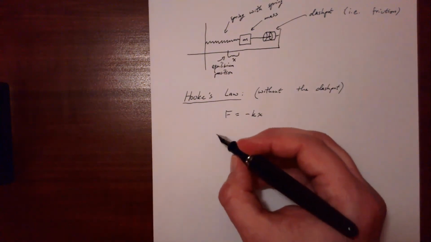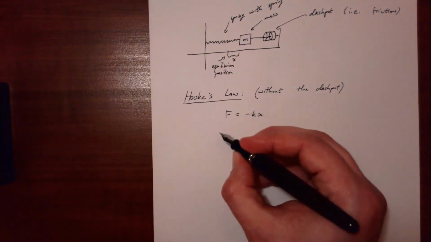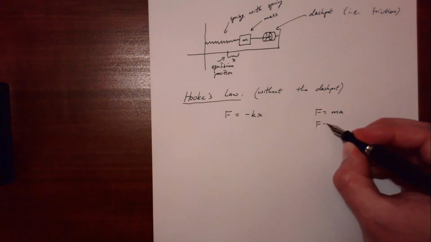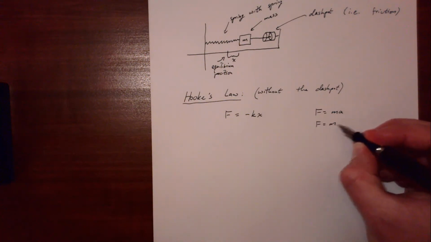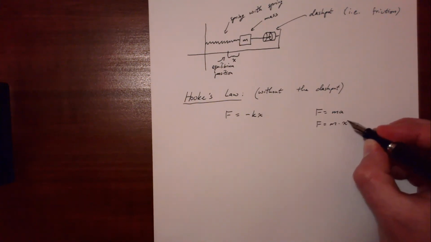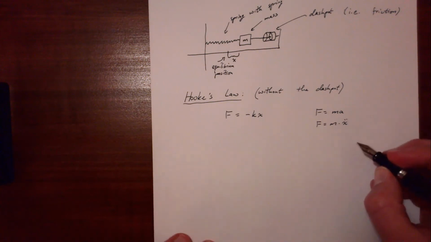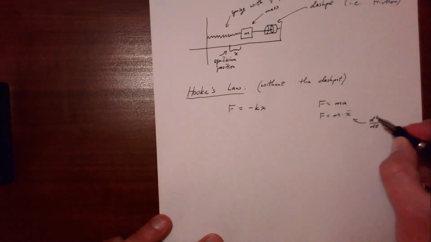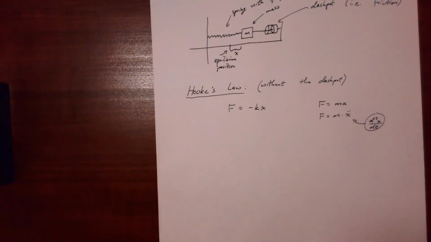So then, by Newton's second law, force equals mass times acceleration, but then that means that force is equal to mass times the second derivative of x, which we can write in physics notation, since this is a physics related problem, with just two dots.